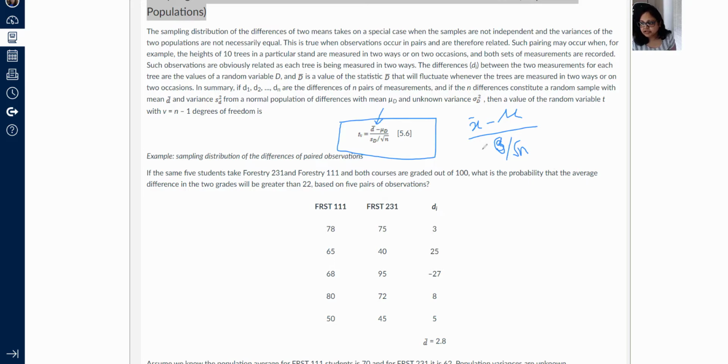Sorry, my writing is bad. So we are doing the same thing here, the only difference is that we are using the mean difference, the standard deviation for the difference, and in the population, the mean difference. That's the only thing that you have to consider. Okay. Also the notation changed, since this is the difference between paired observations.